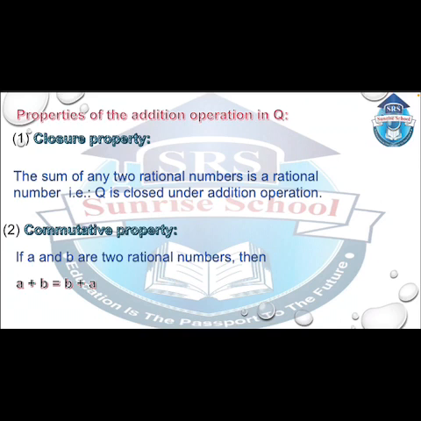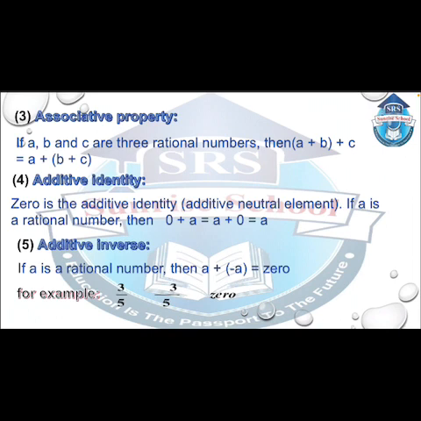Second property, commutative property, which means that if I add A plus B, it will be the same as B plus A. So A plus B equals B plus A. And note that A and B are rational numbers.